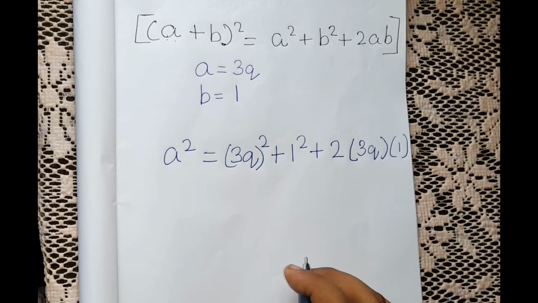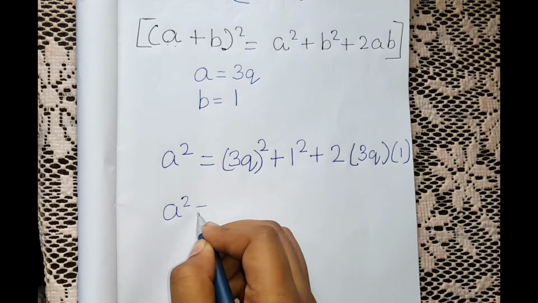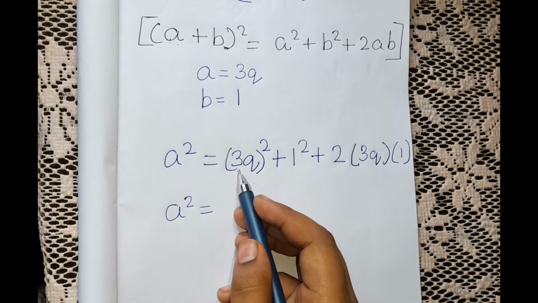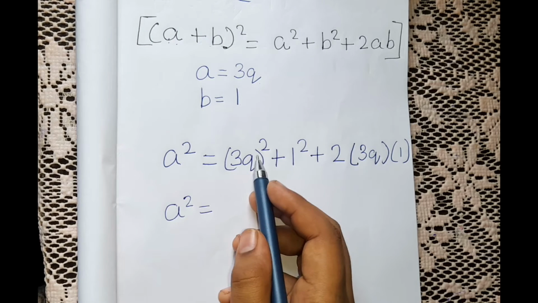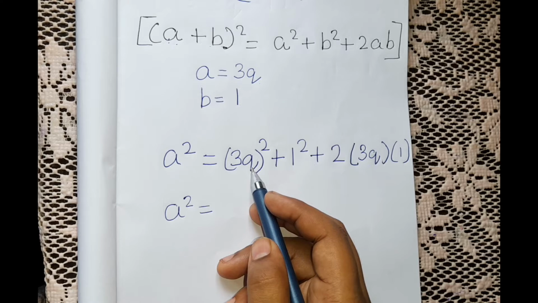So now we are going to be simplifying it. So a square is equal to, here it is 3q the whole square. That means this square belongs to 3 as well as q.